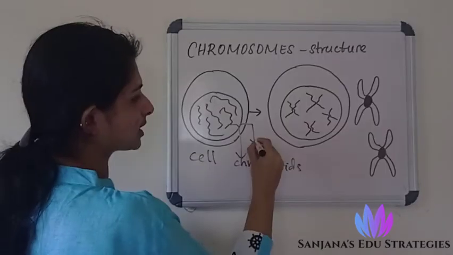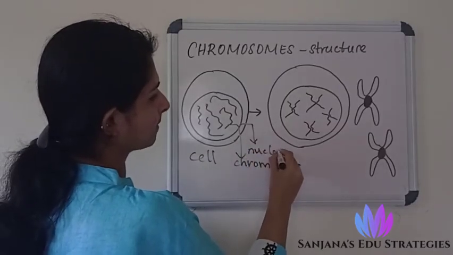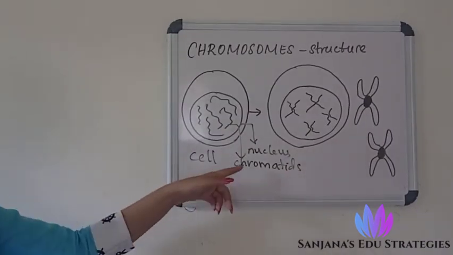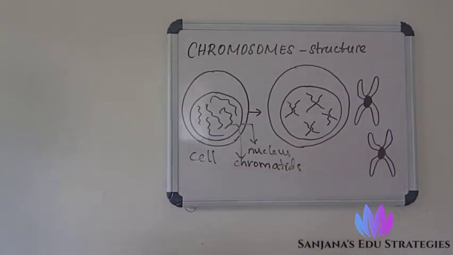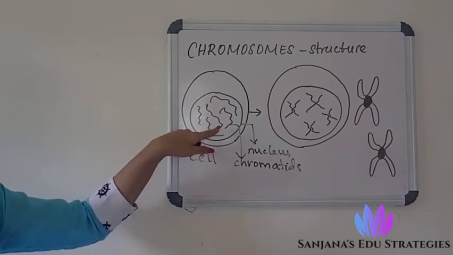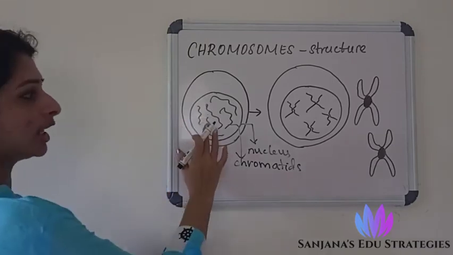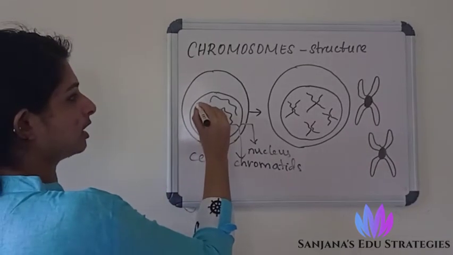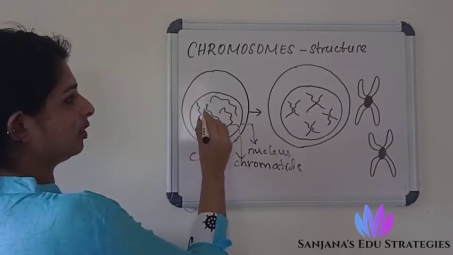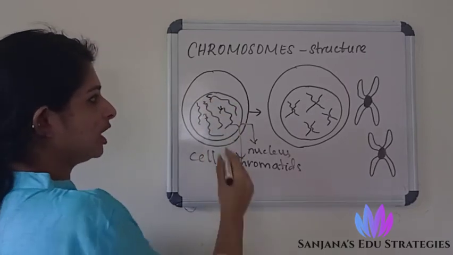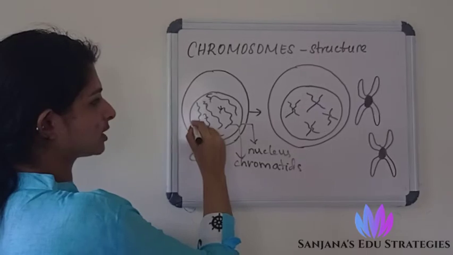This is the nucleus. Now what happens is these chromatin fibers start to condense. When they are condensing, you can see this is chromatid fiber 1, 2, 3, 4, 5. One more I'll draw, 6.